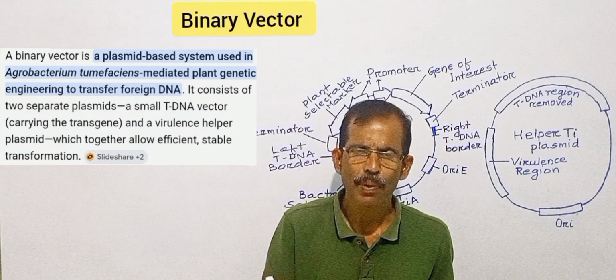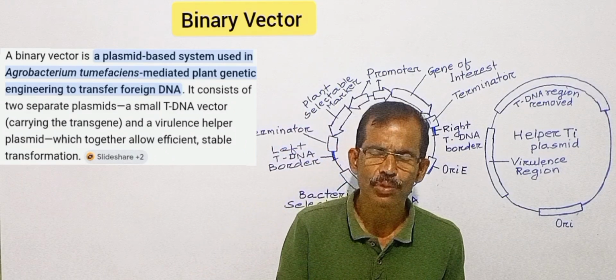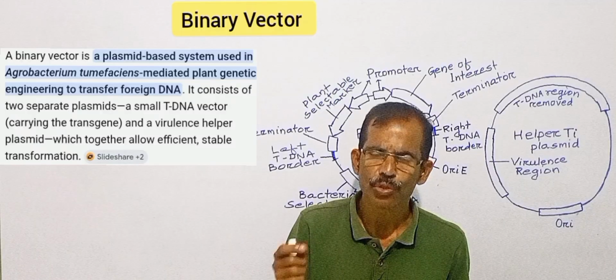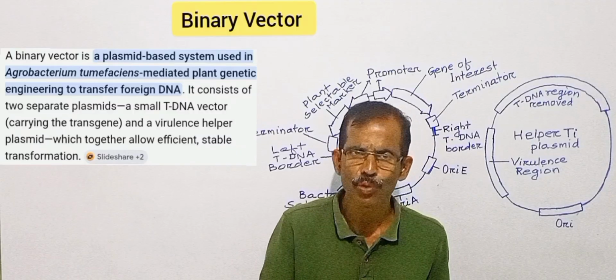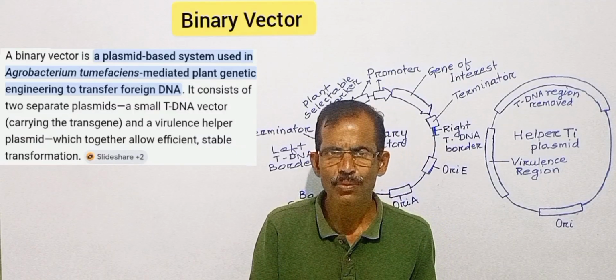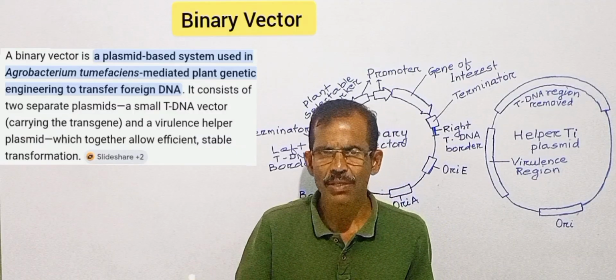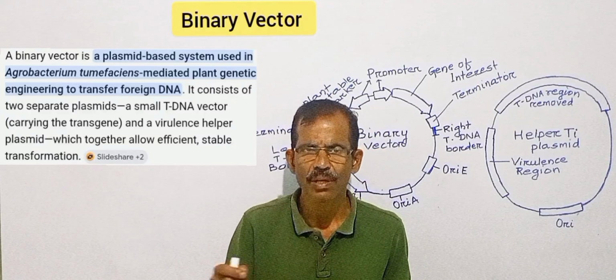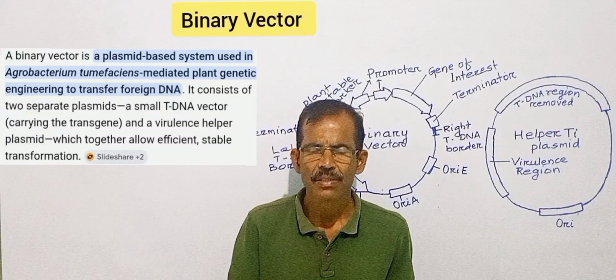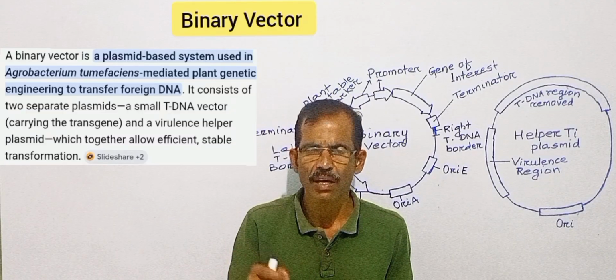A disarmed plasmid is one from which oncogenes or tumor-inducing genes and other non-essential segments have been removed. In addition to this, other sequences such as promoter, terminator, multiple cloning site, origins of replication and selectable markers are also added to the disarmed plasmid.